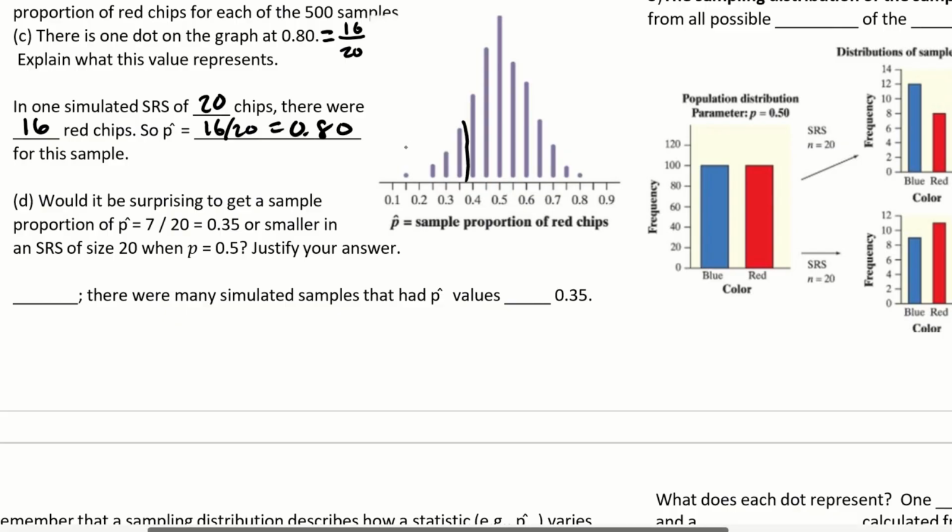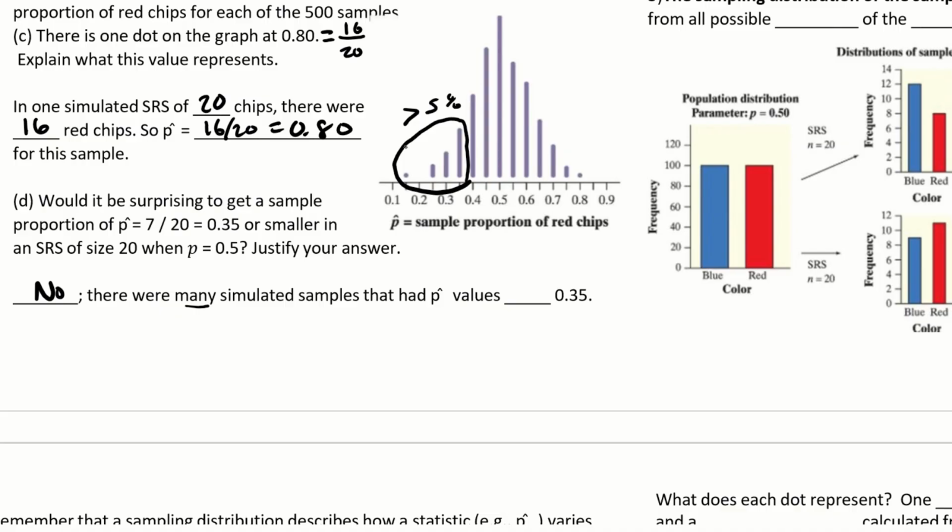And that does look to be greater than 5%. Remember our cutoff is 5%, and we want it to be less than 5%. If it's less than 5%, that means we would be surprised by that result. However, because it's greater than 5%, we're not really surprised. It could happen due to chance. So we're going to say no, we wouldn't be surprised by the result because there were many simulated samples that had a p-hat value of less than 0.35.